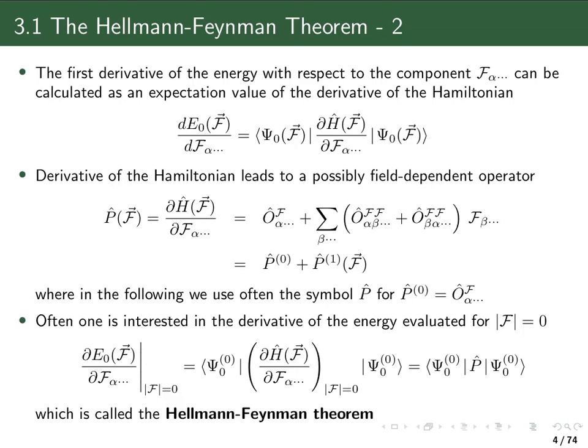Now in the last chapter we have seen that in the Hamiltonian, in the presence of electromagnetic fields, there will be terms linear in the field and terms quadratic in the field.